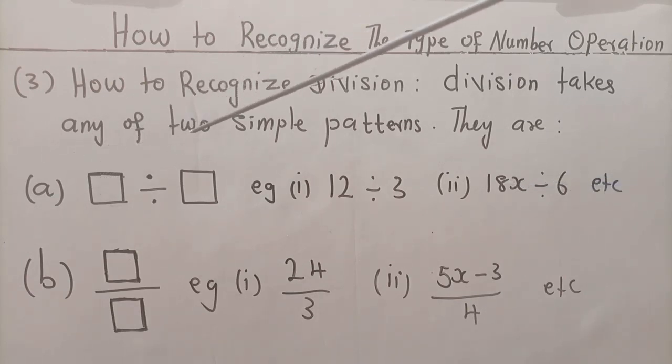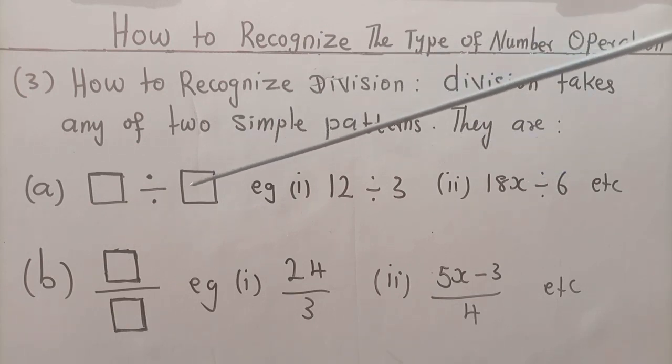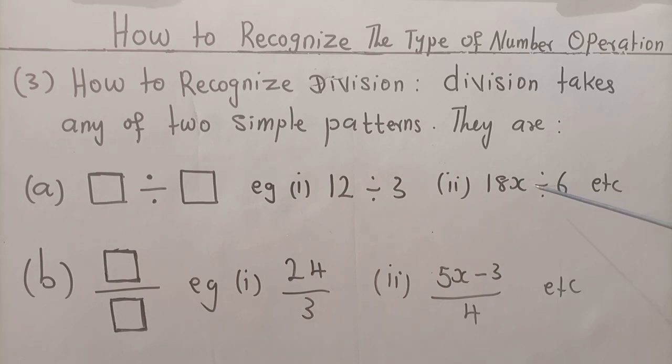So from this box, we get this 18x. From this box, we get this 6. And so this sign is also between them. Therefore, we have many more other examples that resemble this one. Second pattern is this one, that is box over box. So it means that this over is also a sign of division.